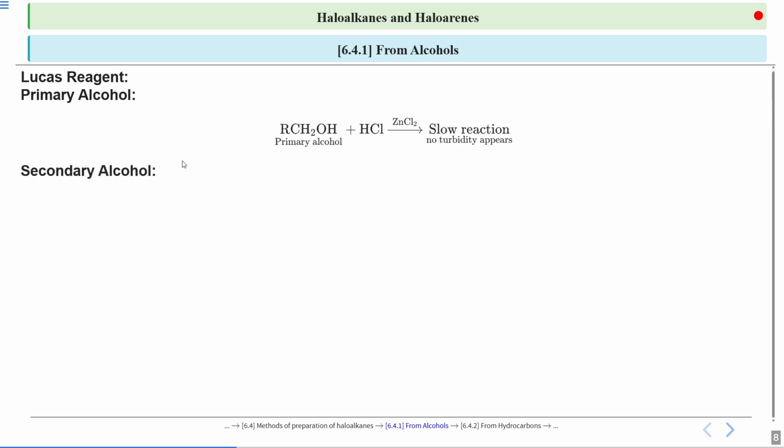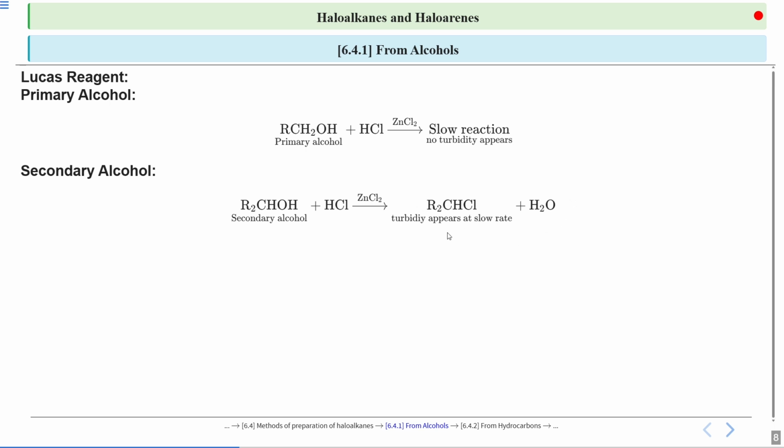Meanwhile, for the secondary alcohol case, R2CHOH, when you are reacting it with the Lucas reagent, that is HCl and zinc chloride together, it forms R2CHCl plus a water molecule as a byproduct.